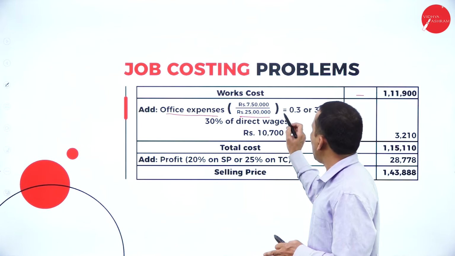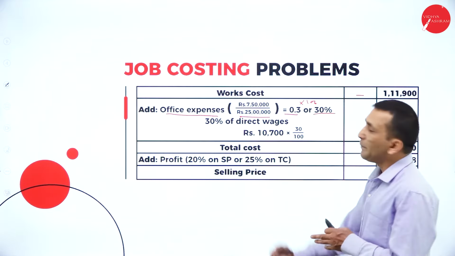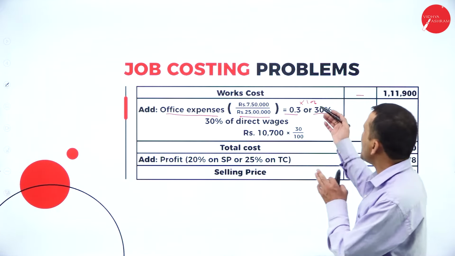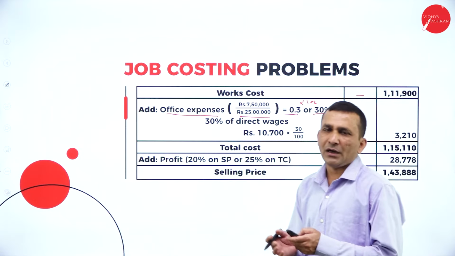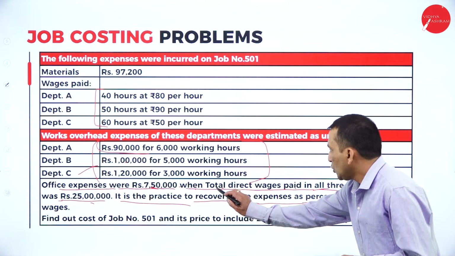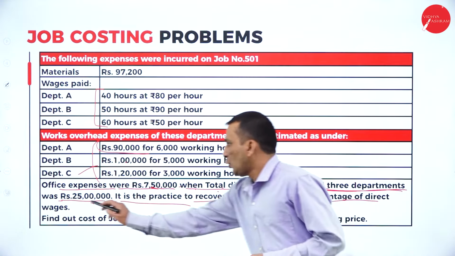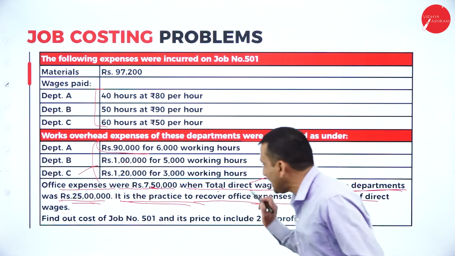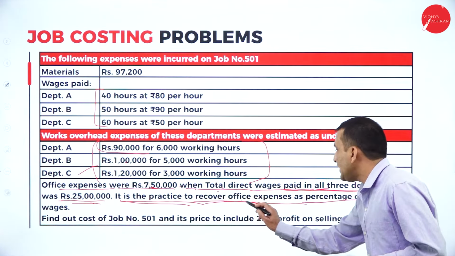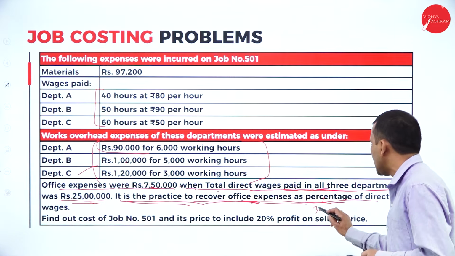If you do that, you are getting 0.3. If you multiply by 100, we are getting 30%. In the question they clearly specified the total direct wages paid in all three departments is 25 lakhs, and it is a practice to recover office expense as a percentage. Now we got the percentage, 30%.